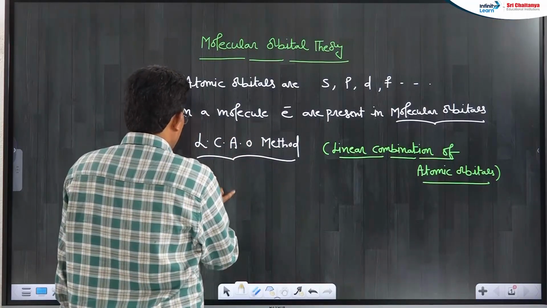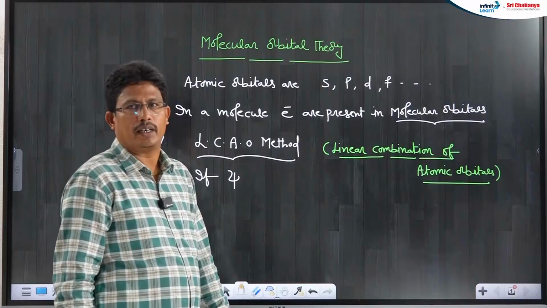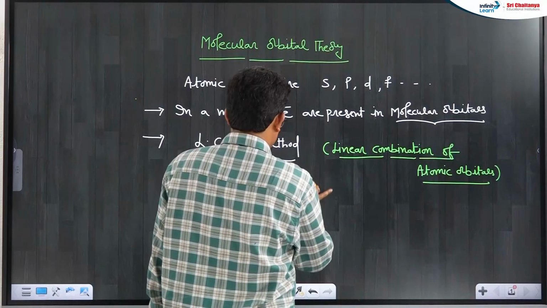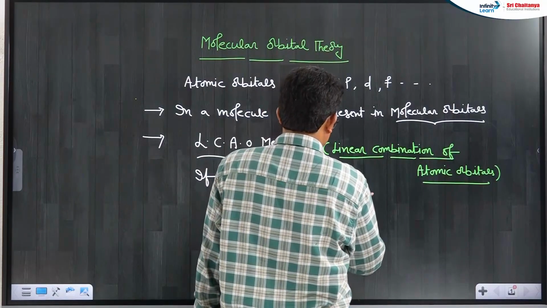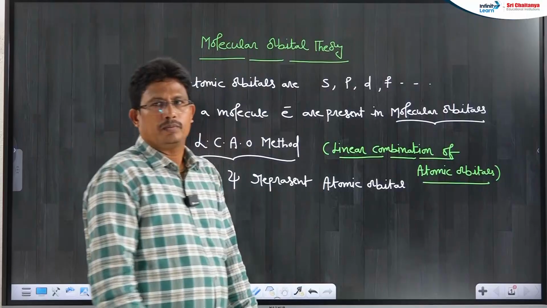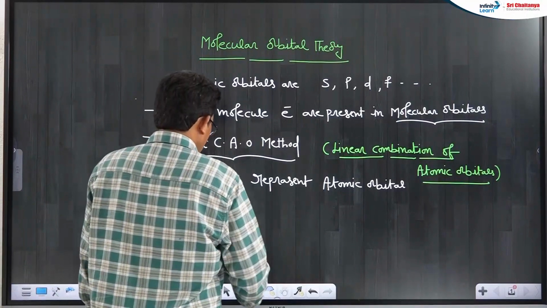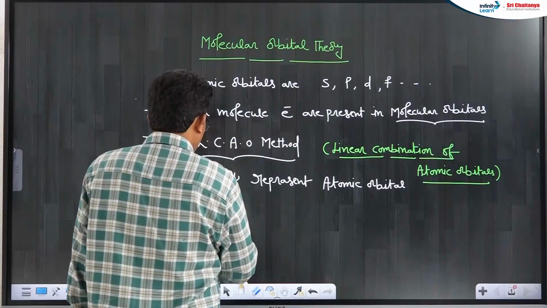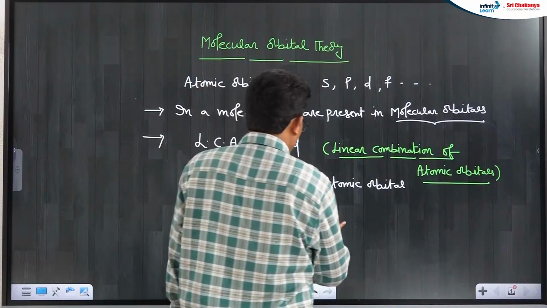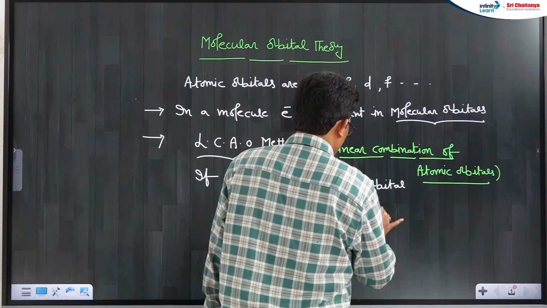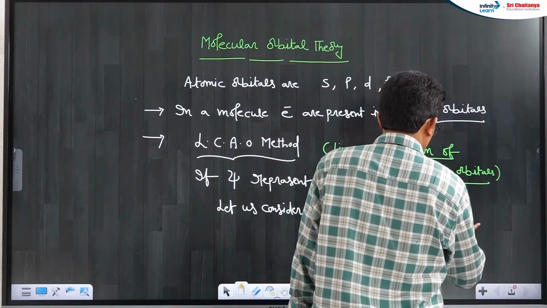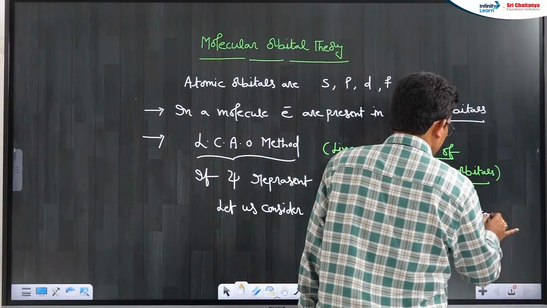If psi is a wave function, it represents an atomic orbital. Let us consider psi A and psi B are two atomic orbitals.